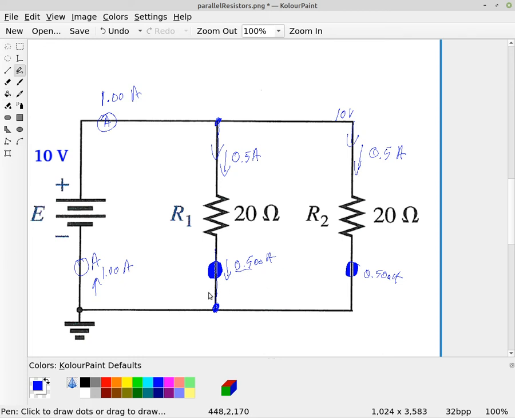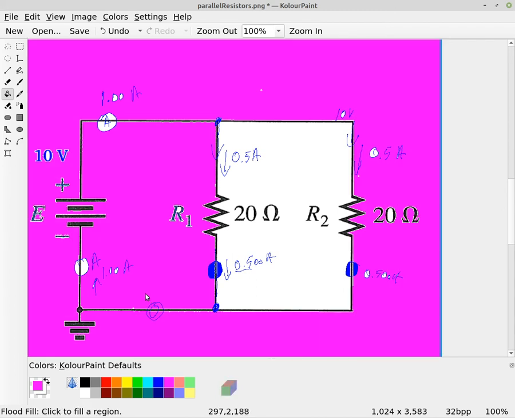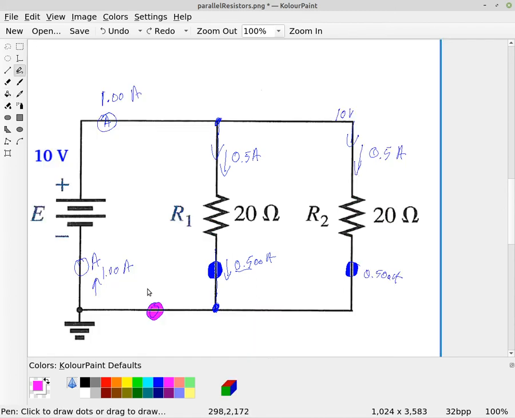But if we put the meter here at this point, it's going to be reading 1.00 amperes. Okay, so these two resistors are said to be in parallel because they have the same node here.